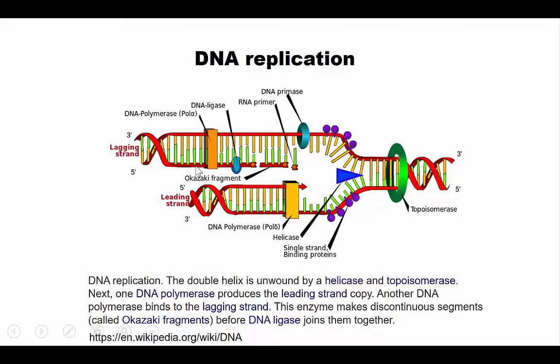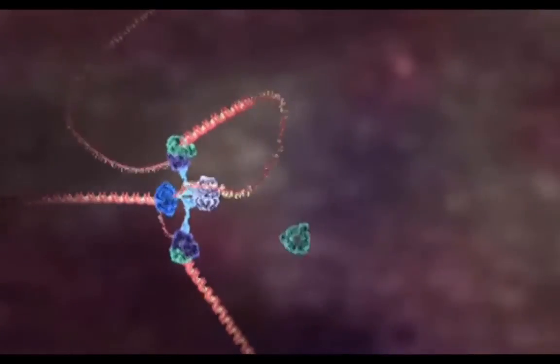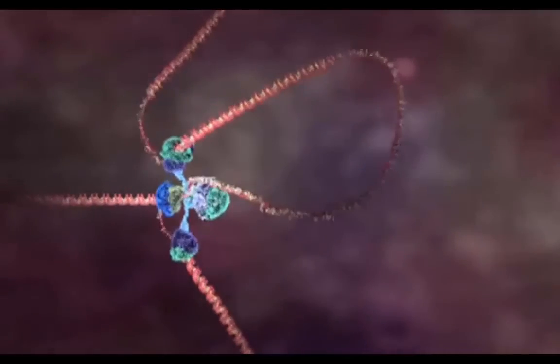Each fragment should be synthesized separately, and later it should be connected. The process was suggested by a Japanese scientist, and that's why this small fragment is named after him, the Okazaki fragment. Let's look at the dynamic movie for DNA synthesis.